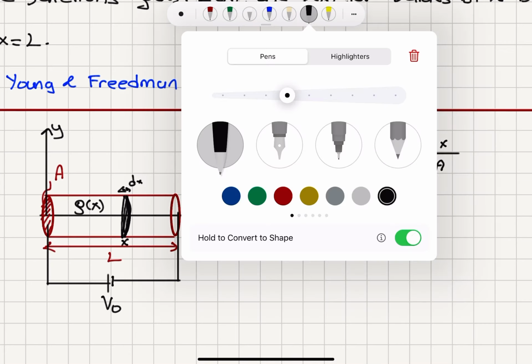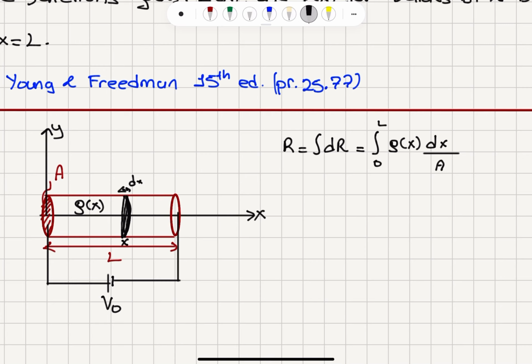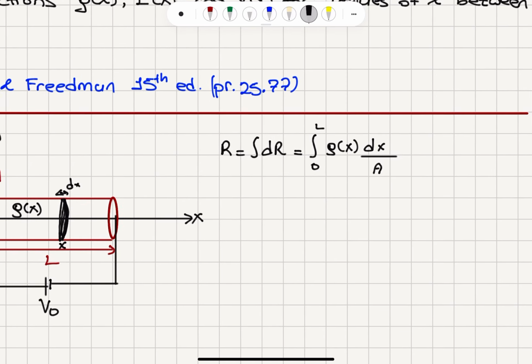Okay, so we can now calculate this integral by substituting the variation of resistivity with respect to variations in x.